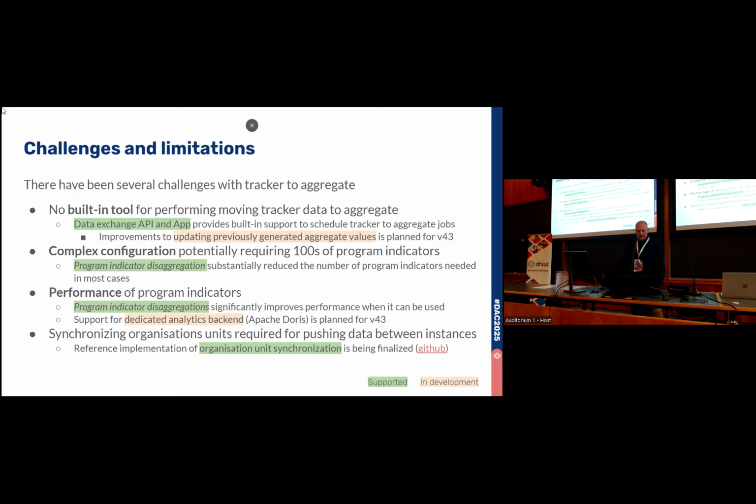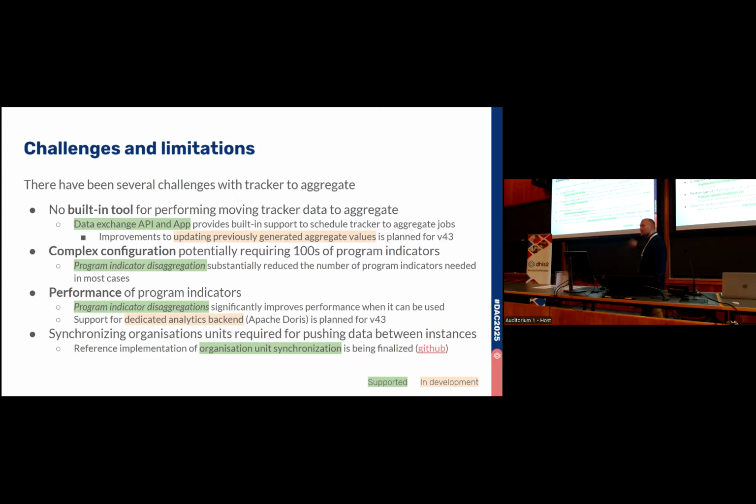The final thing that I also mentioned on the last step is the need for having the org units synced. So if you're moving tracker data from one instance to another instance, you need to manage the organization units across those instances. That's also now supported through this reference implementation that the extensibility team has developed.